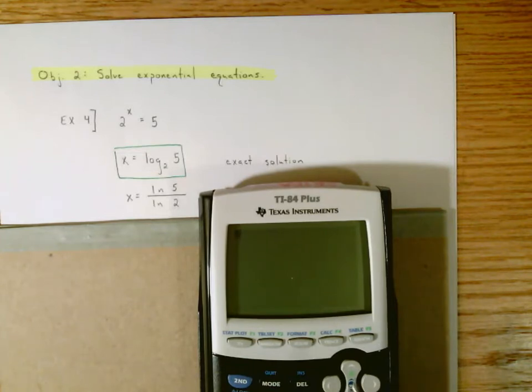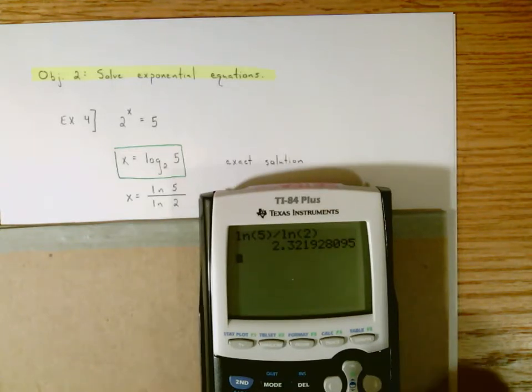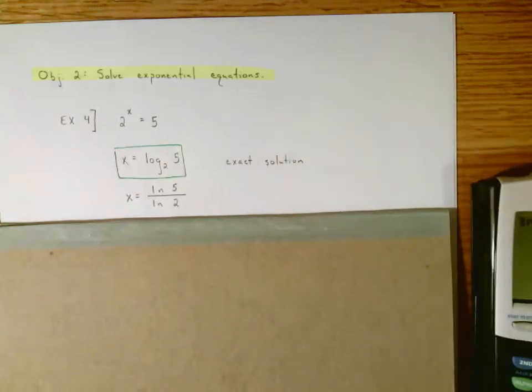The natural logarithm of 5 divided by the natural logarithm of 2. And we see our solution is approximately 2.322. We said our solution was going to be between 2 and 3, so that makes sense. And that's our approximate solution.